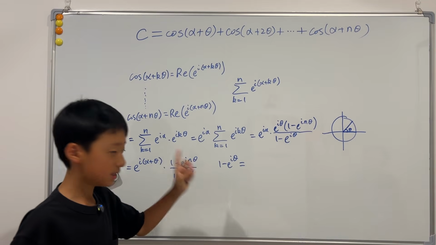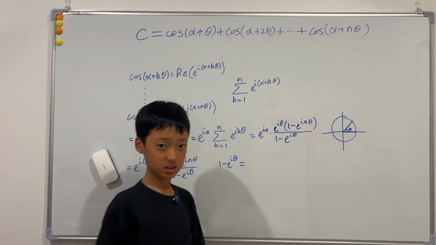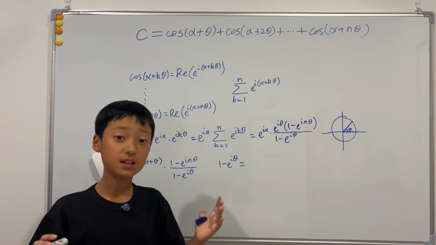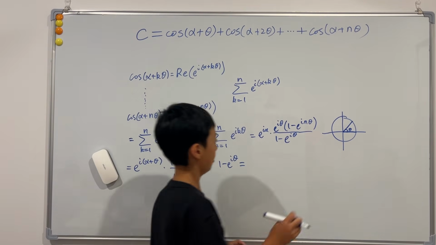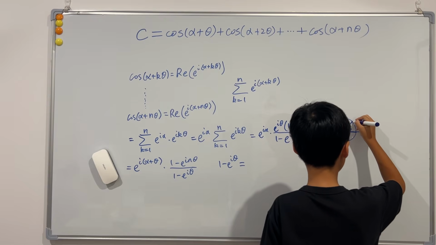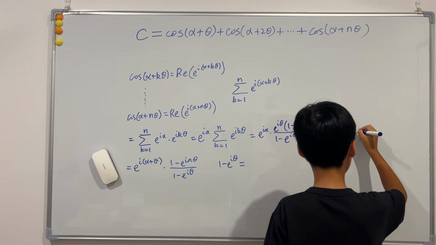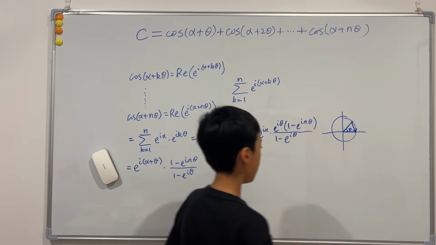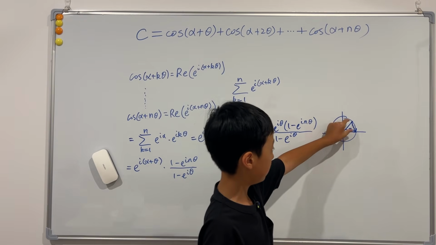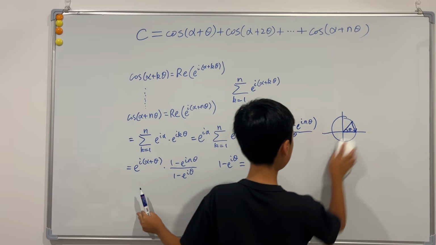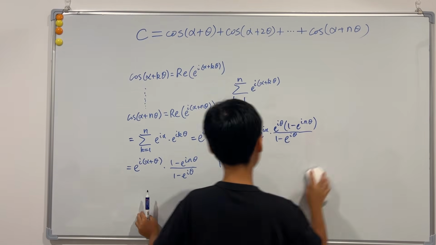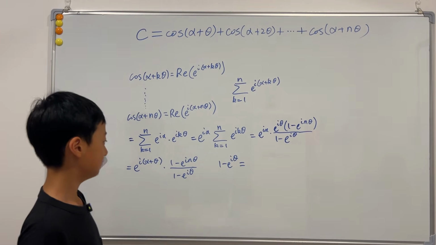So 1 minus e to the i theta, if you think of it as vectors, is just a vector heading from this point downwards there. And then in that video, we explained how to find the length of this small section. But in this video, we're going to use a very small technique.